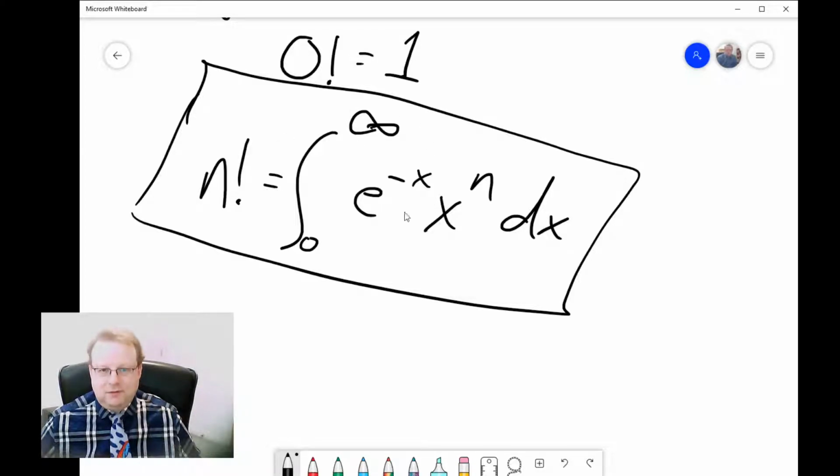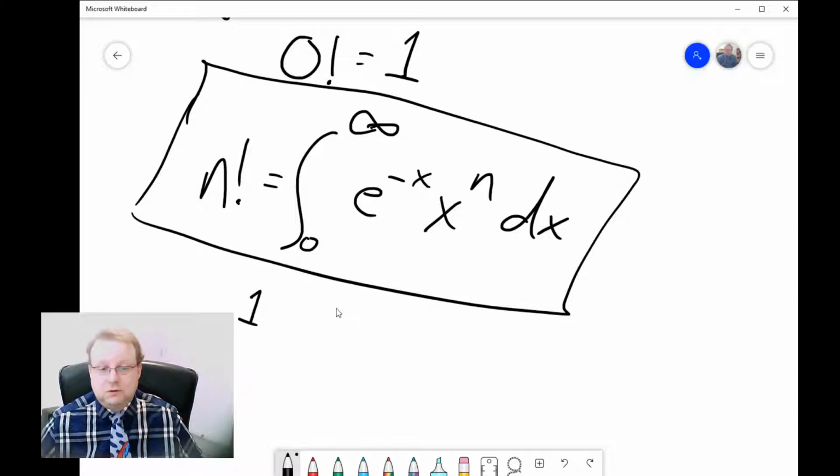But this integral, what we're doing is adding up the area that's between that curve and the x-axis. It happens to be a perfect fit for all the values of n factorial that are defined. Using this one, we can also define 0 factorial as 1, and we can actually define any factorial except for negative whole numbers.